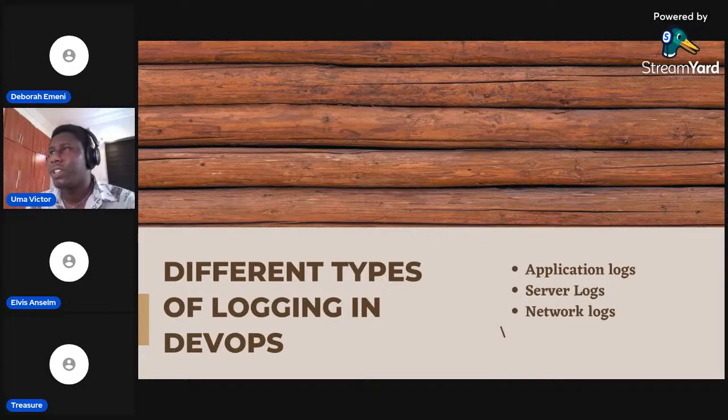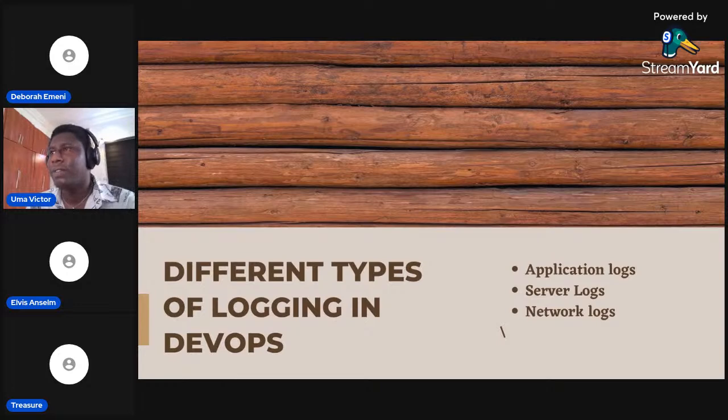This type of logging can help developers to identify issues with the application code and troubleshoot errors that occur during runtime. Application logging can also be used to monitor application performance and to identify patterns that may indicate problems.